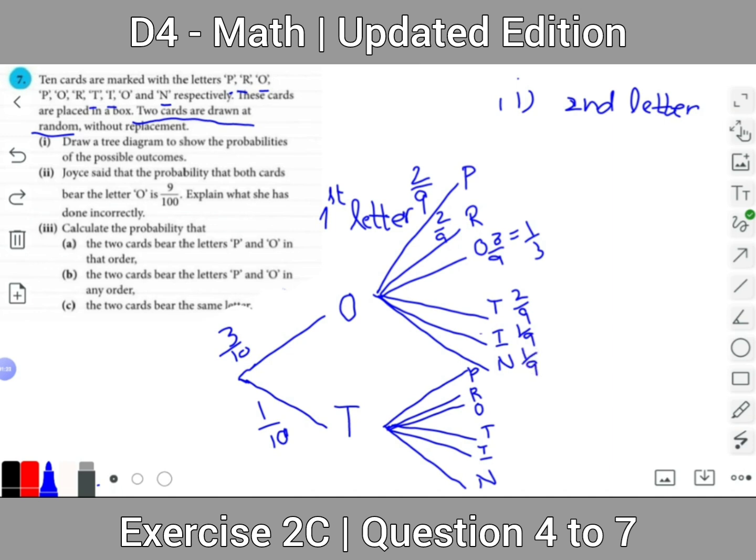Now for P, we have 2 over 9. For R, we have 2 over 9. For O, we have 3 over 9, which is 1 over 3.